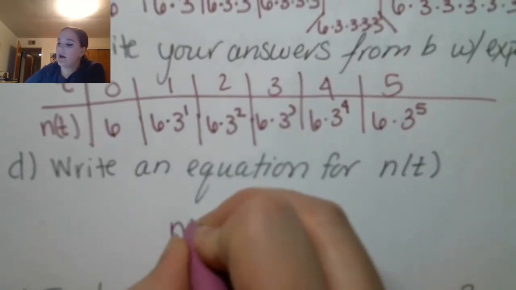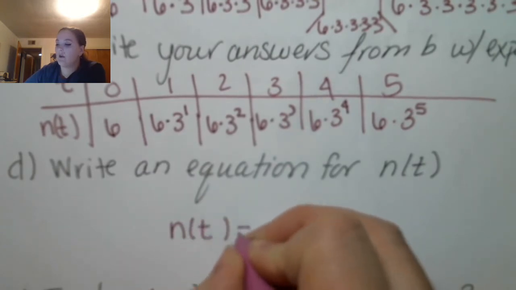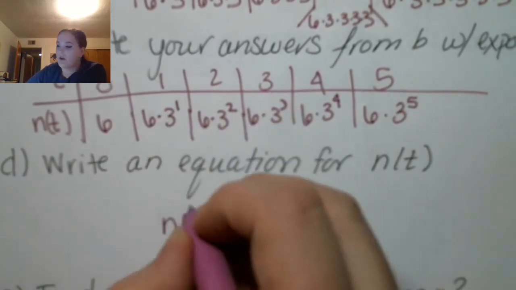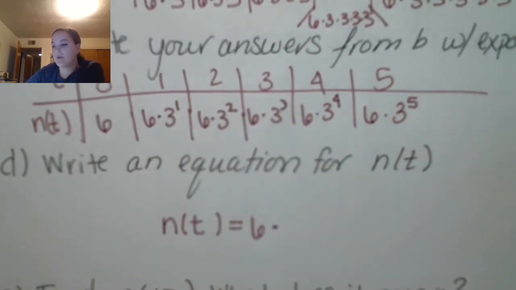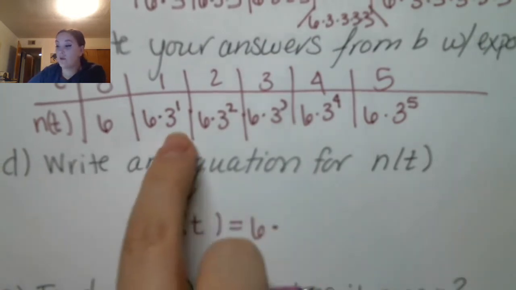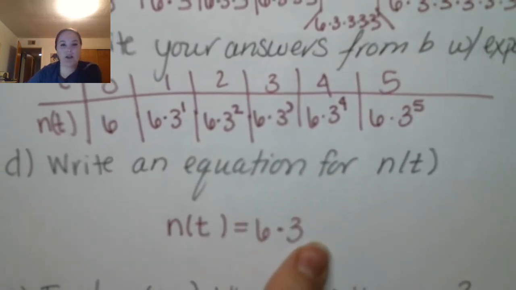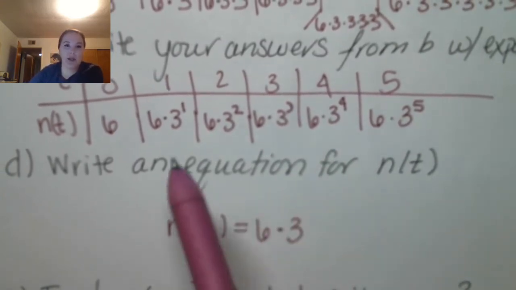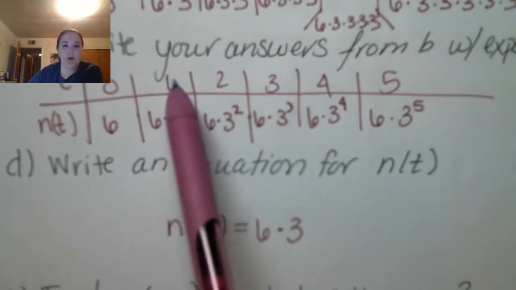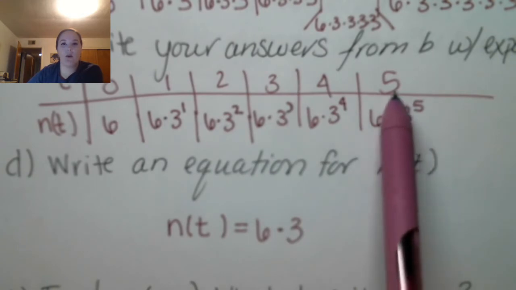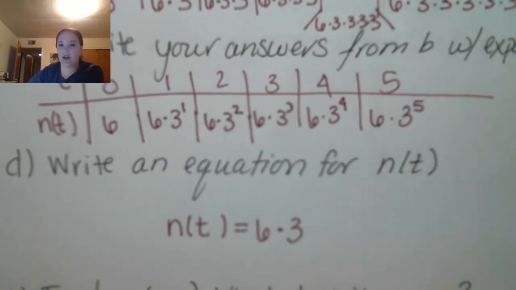So n of t equals 6 times, and for most of them we have 3, and then we just decide what this power should be. If you compare the exponent with the value of t, you can see that they're always the same. So this should be 6 times 3 to the t power.